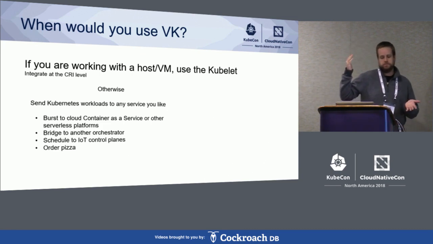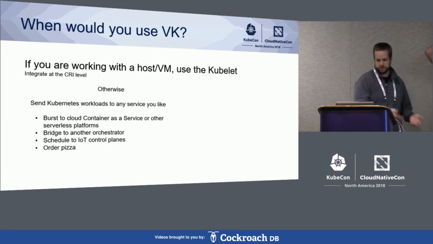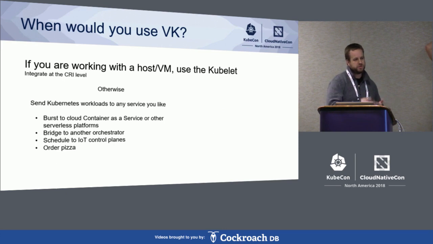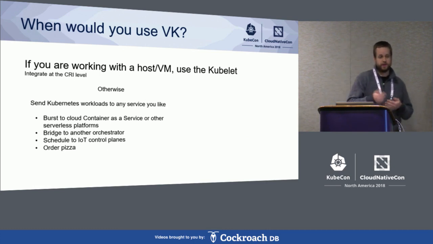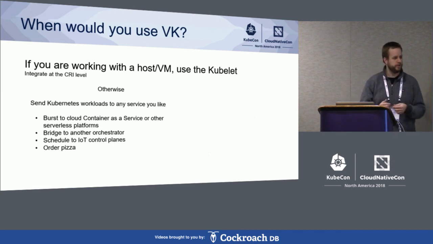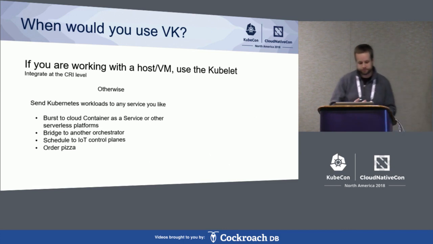The kubelet's really good at running workloads on a node, on a host, on a VM, whatever you want to call it, physical machine. It manages the resources on a node, does things like mount stuff from the host into a pod that you asked for, all this kind of stuff that the virtual kubelet will not do because we're specifically not targeting a real node that you would think about.